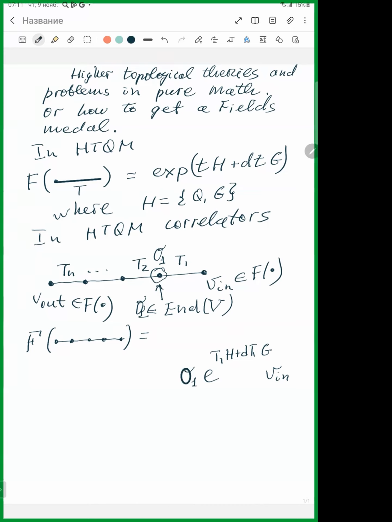And then I write E to the T2 H plus DT2G. And then I write O2. And all the way up to V out.